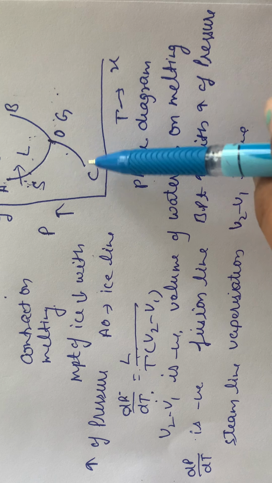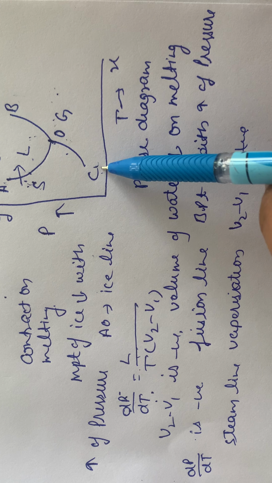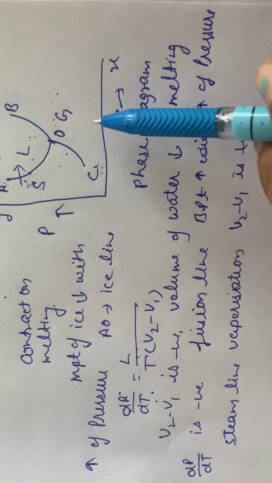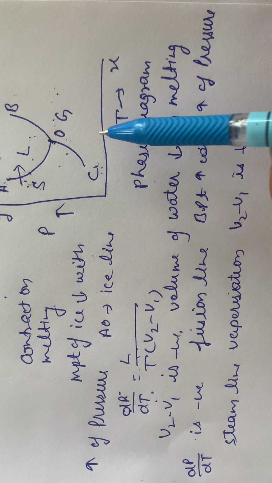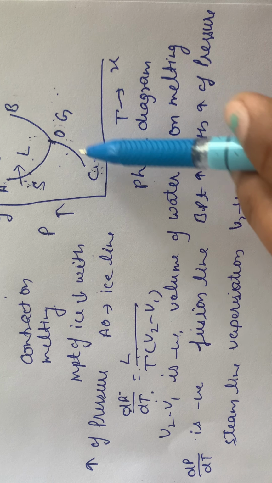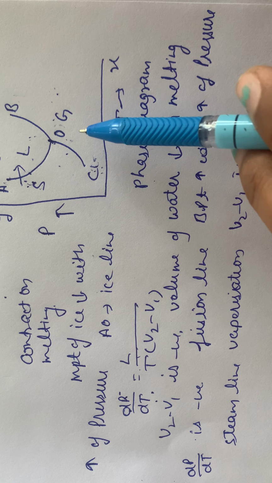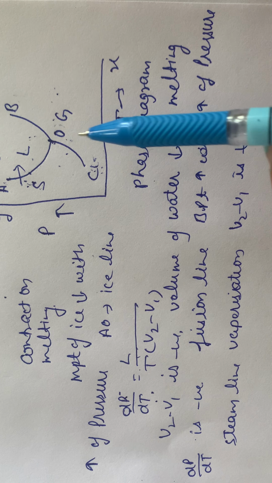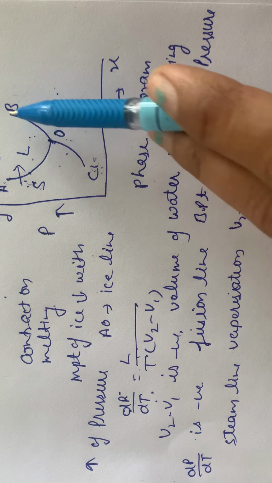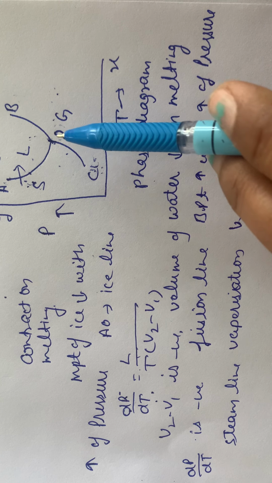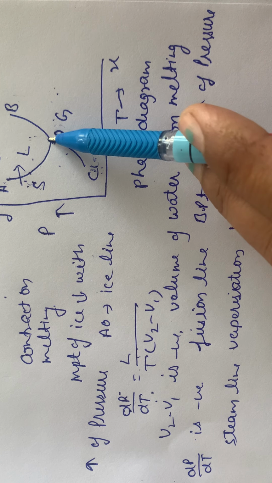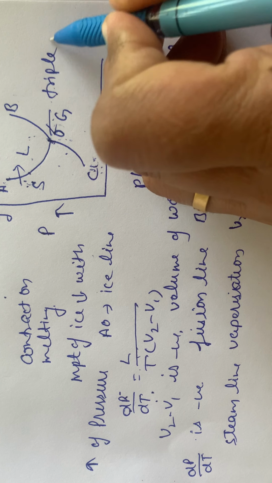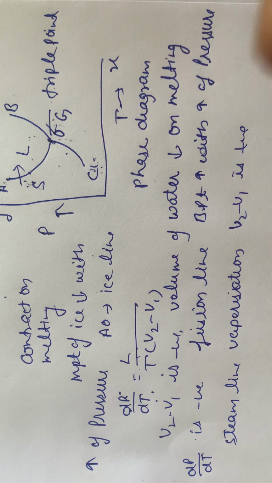Similarly, the curve OC on the phase diagram represents the equilibrium state between ice and vapor. The slope of this line is also positive. The two phases exist simultaneously for temperature and pressure corresponding to points of the curve. All the three curves AO, BO and CO meet at point O, which is called the triple point.